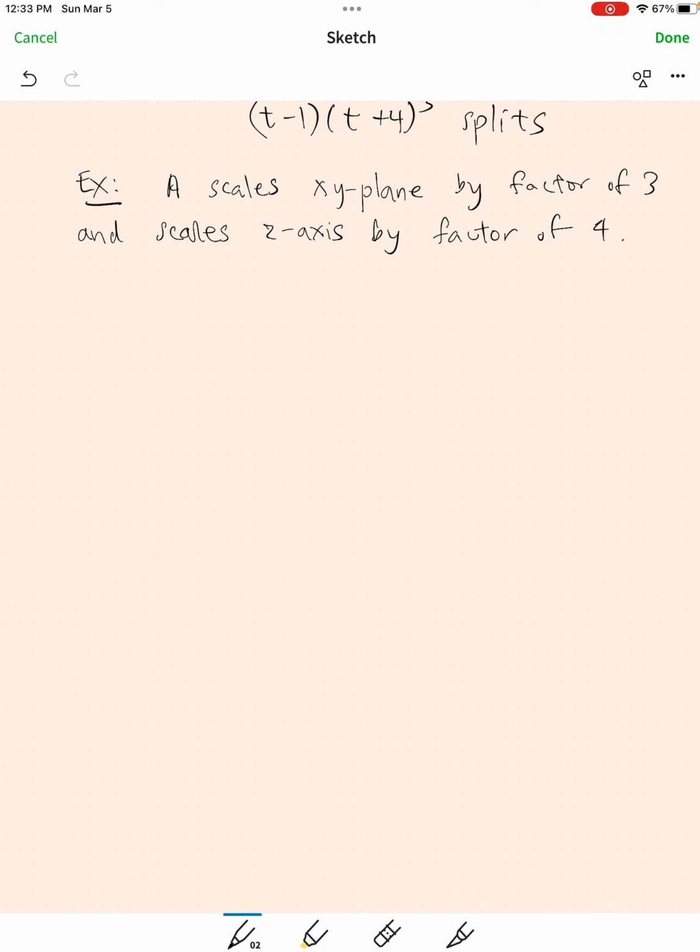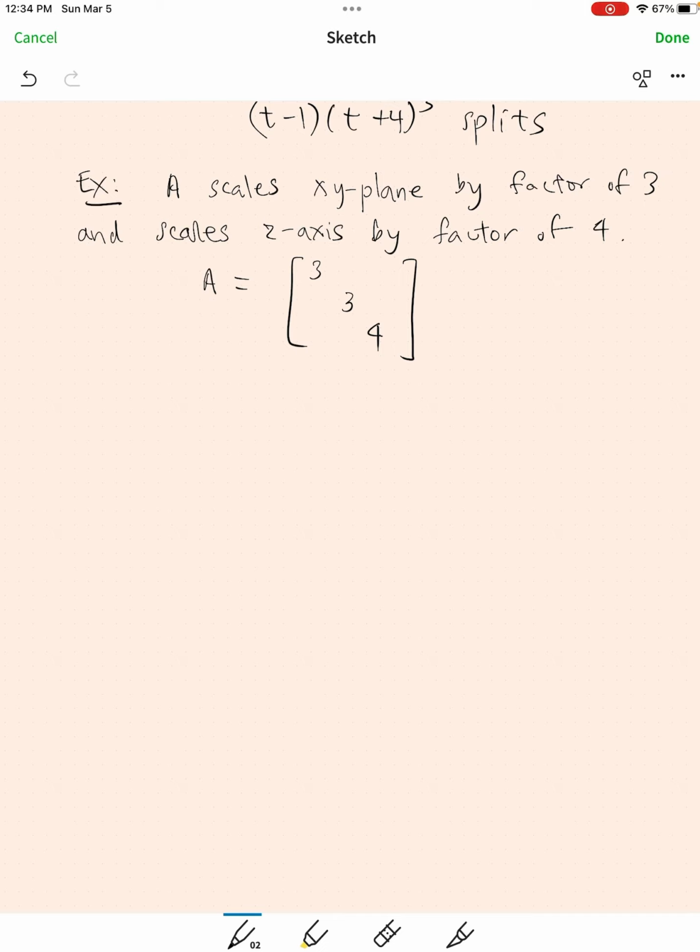Well, one possibility for A is to just have the diagonal matrix 3, 3, 4. Right? In this case, if you have a diagonal matrix, is A diagonalizable? Yes, it is. It has the form PDP inverse. I mean, A would be equal to your D in this case. And what would be P? P would be equal to the identity, right?